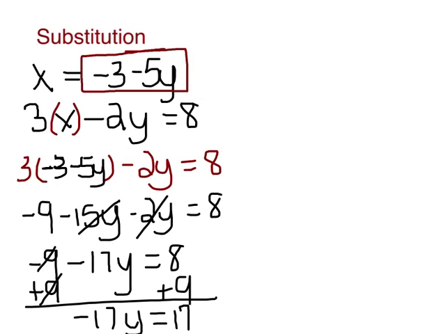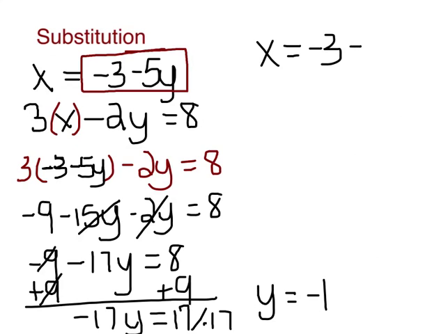And if we divide by negative 17 on both sides, we'll have y equals negative 1. Now that we know what y is, we'll have to solve for x. So if we take our equation, x equals negative 3 minus 5y.